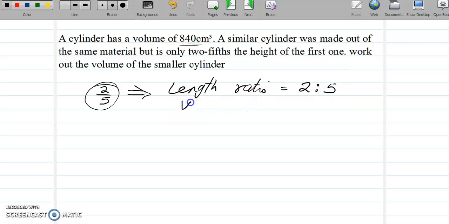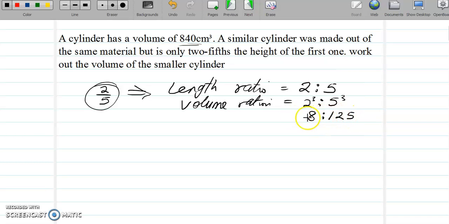So in this case, we are going to look for the volume ratio, and the volume ratio simply means we are going to find the cube of this and the cube of this. The cube of 2 is 8, and the cube of 5 is 5 times 5 times 5, 125.